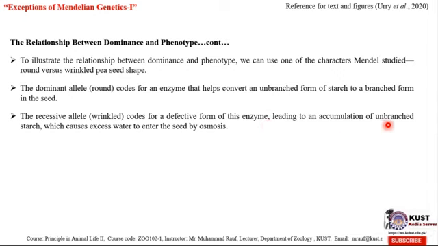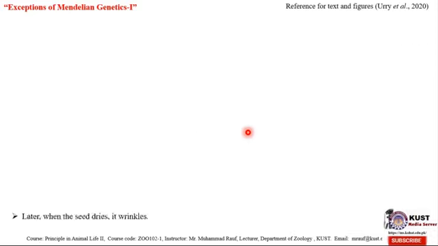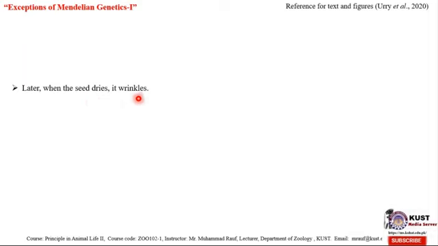Therefore the unbranched starch accumulates in the seed, which causes excess water to enter the seed by osmosis. And later, when the seeds that have absorbed excess water dry, they become wrinkle shaped.